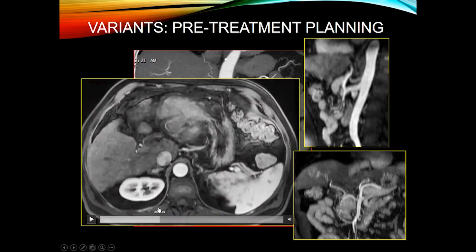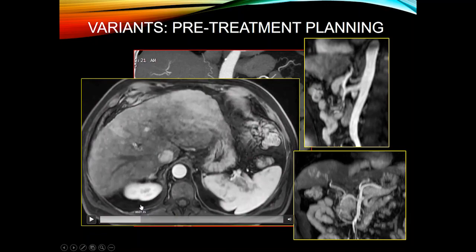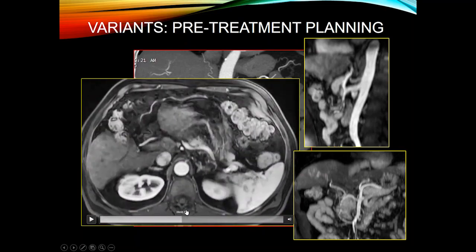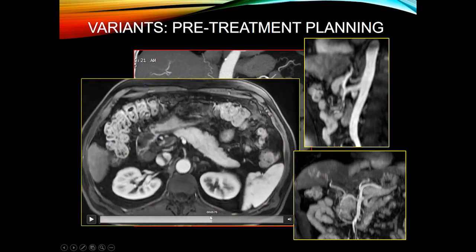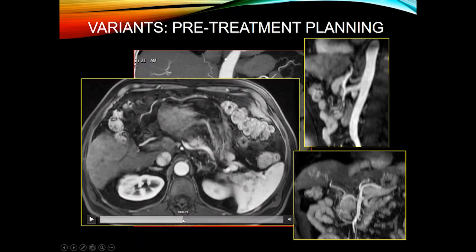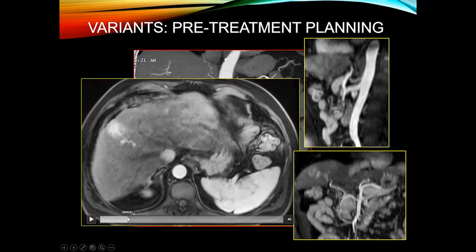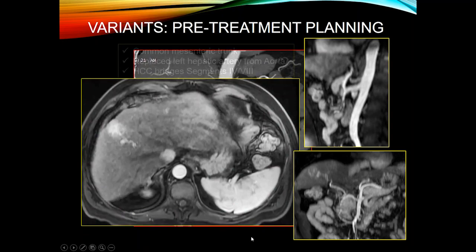So the right artery is supplied by that common mesenteric trunk. This is important to note, as one of the lesions may cross between right and left lobes, and so the interventionalist will need to know how to access the lesion to best advantage.